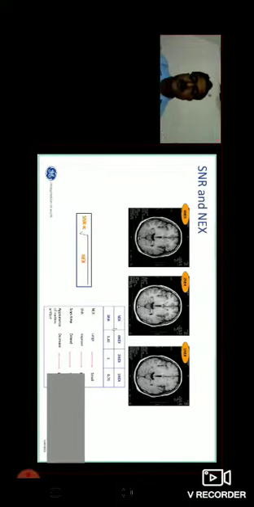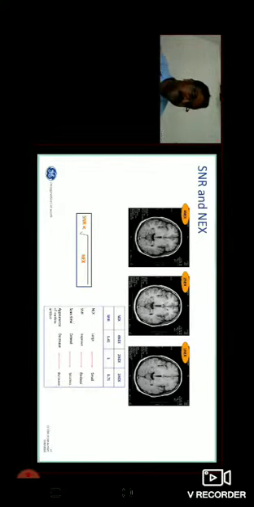But the scan time will increase. And the appearance of motion artifacts will reduce because the signal will be averaged and there won't be much motion artifact in the image. In this example you can see that with lower NEX, the motion artifacts are more prominent on the image.